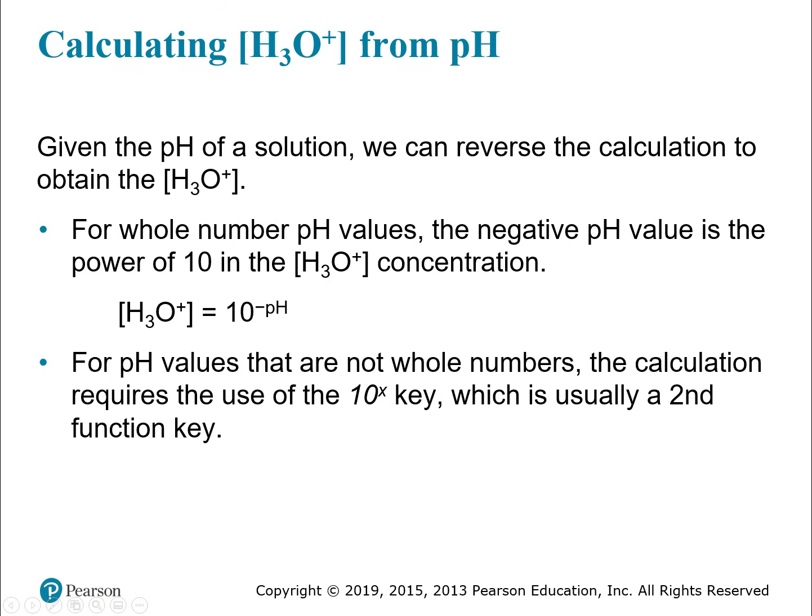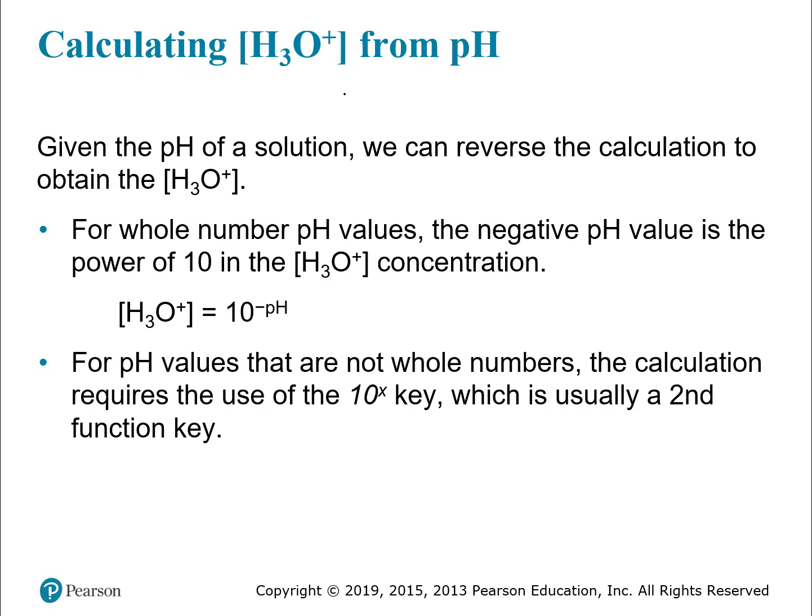Since we know how to calculate the pH from the hydronium concentration, we can also reverse the calculation to get the concentration of hydronium. For a whole number pH value, the negative pH value is the power of 10 in the hydronium concentration. What does that mean?